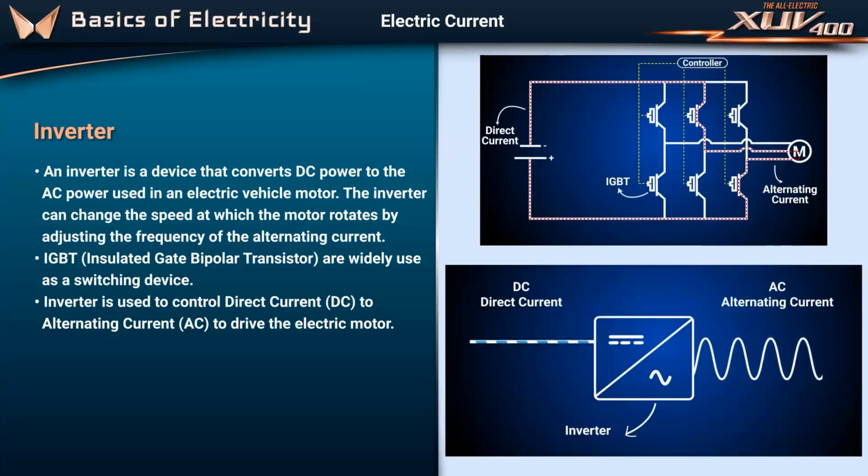The inverter is used to convert direct current to alternating current to drive the electric motor.